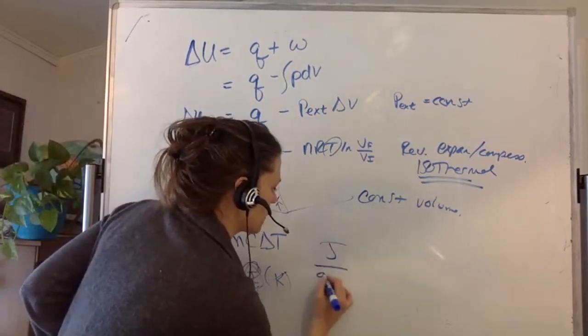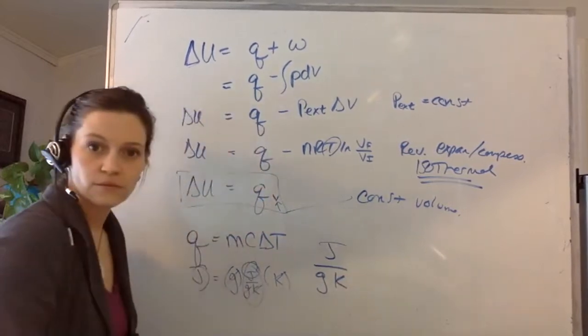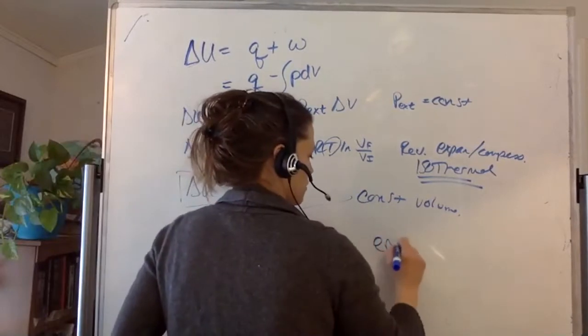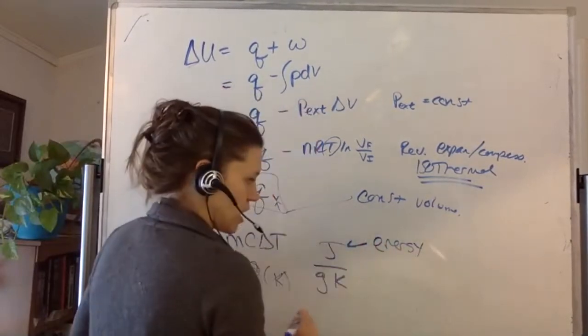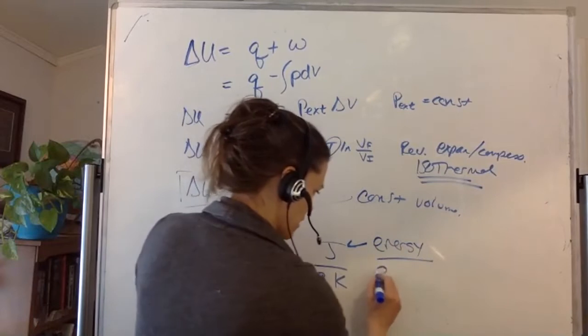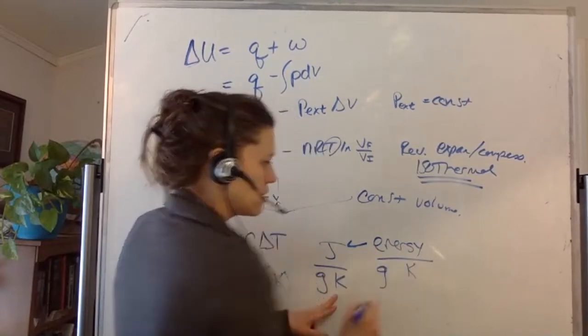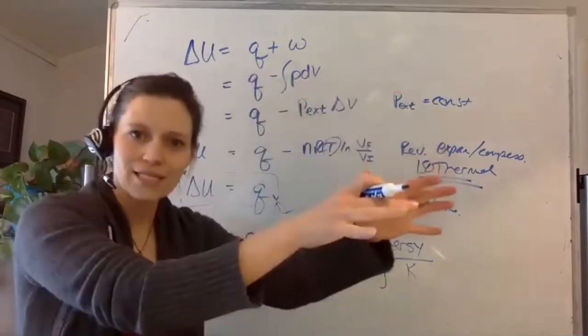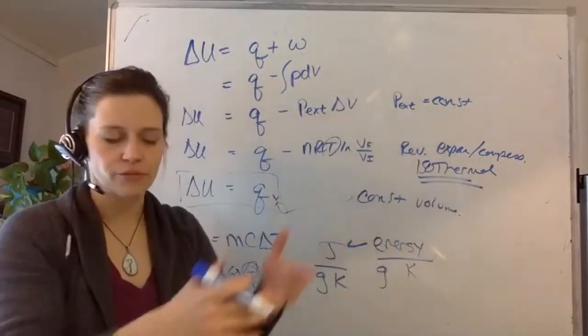Joules per gram Kelvin. Okay, what is the definition of specific heat? It's the energy, in joules, needed to raise a gram by a Kelvin. So this is the energy you need to put into the system in order to increase the temperature.